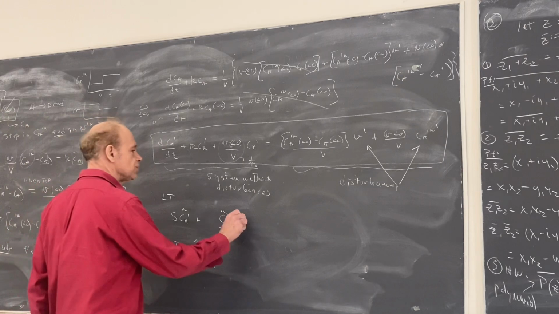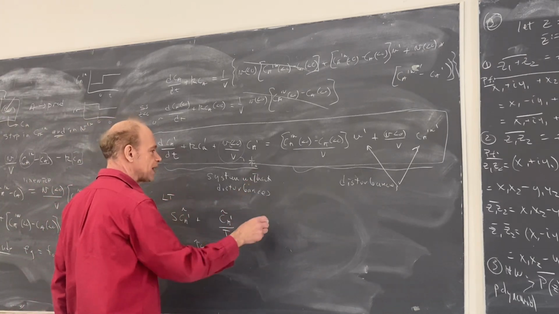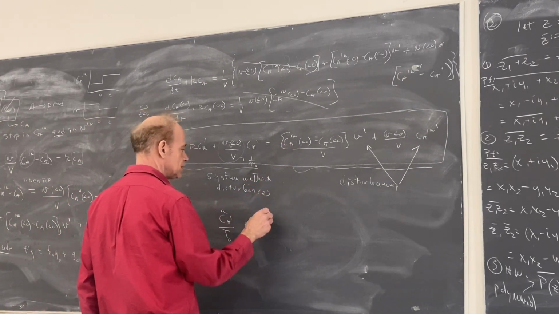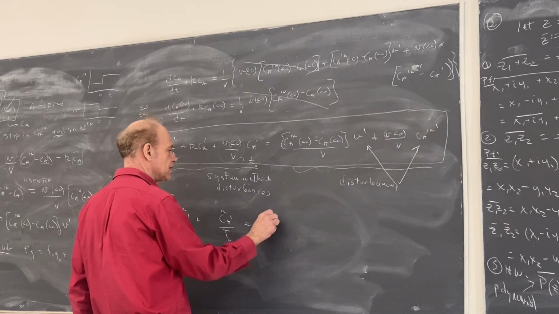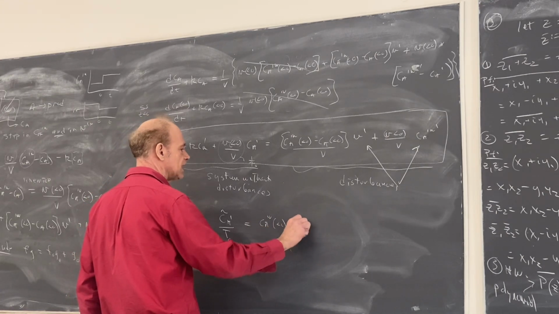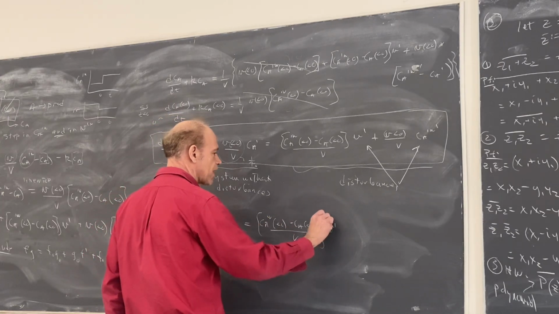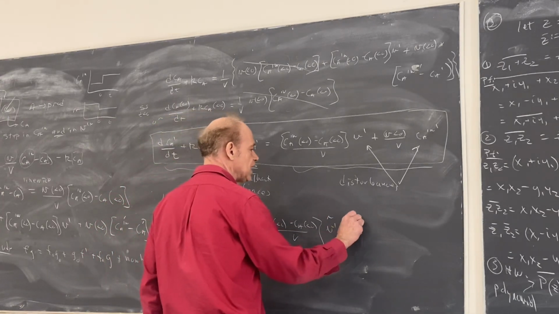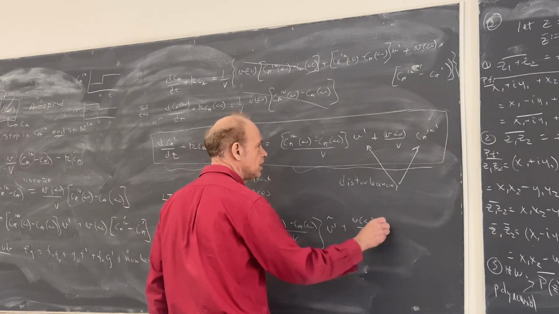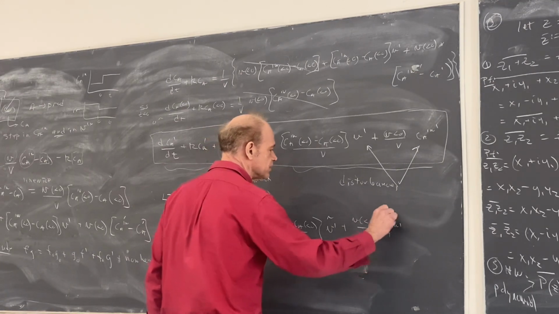And that's equal to this whole thing, CA in less than 0 minus CA less than 0 over V times V prime tilde plus V less than 0 over V times CA in prime tilde.